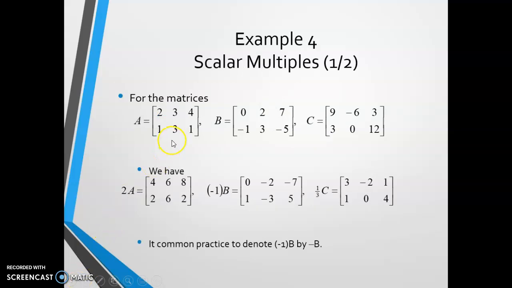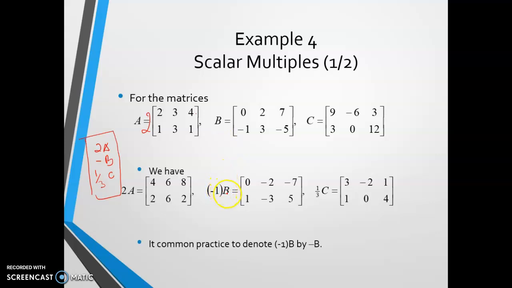For the matrices, let's say we have 3 different matrices here, A, B, and C. Let's say we want to compute 2A, and then the other one is negative B, and we want to compute 1/3 C. This is the question. So you just multiply, put here 2A, 2 times 2, 4, 2 times 3, 6, 2 times 4, 8, and so on and so forth.